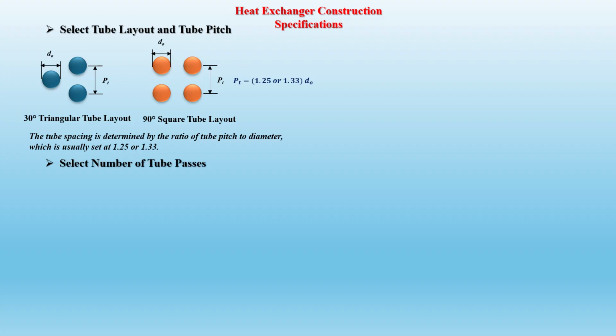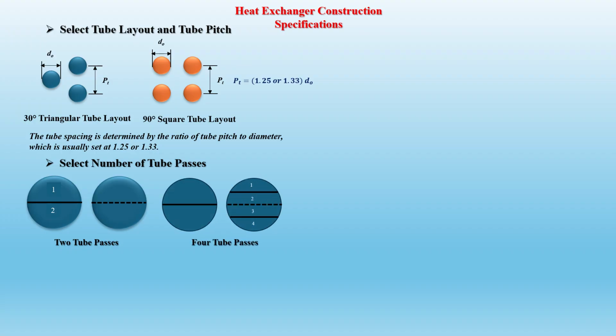Select the number of tube passes. These shell and tube type heat exchangers usually can be constructed as a single tube pass, as we have described in our previous episodes, or two tube passes, or maybe four passes, and it could be more than that, six or eight.